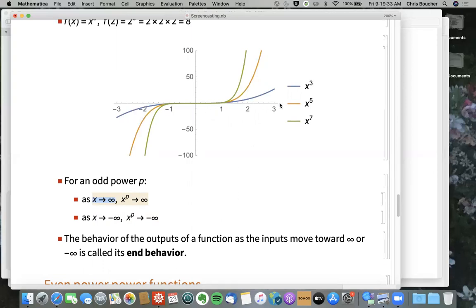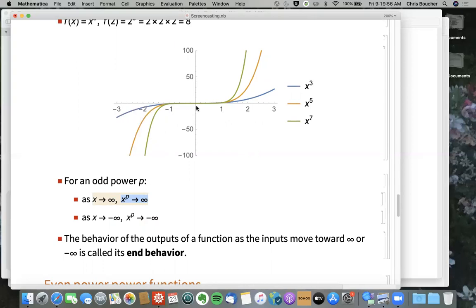What we're asking is, on these curves, where are the y values going as the inputs go to the right? The answer is the y values are going up, more quickly in some cases, but they're all going up. In fact, the outputs all go to positive infinity.